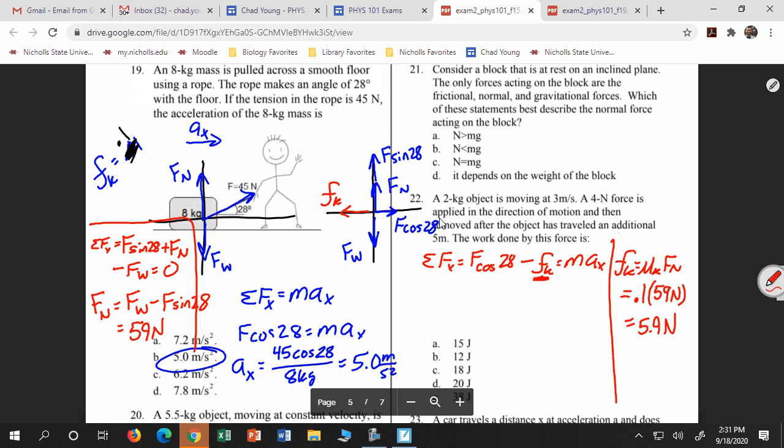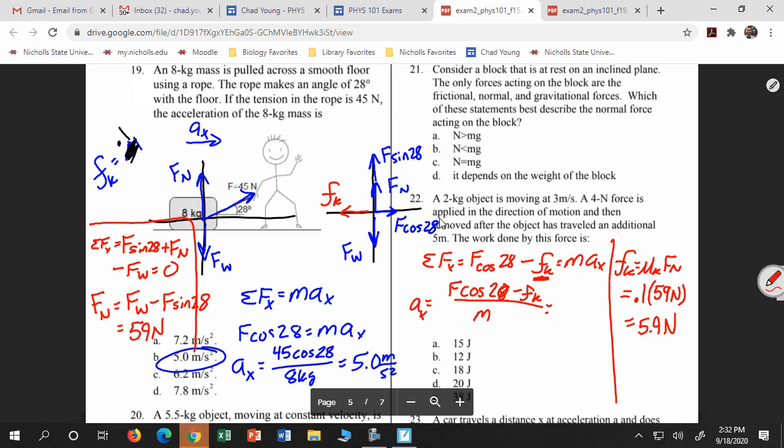As I'm looking for the acceleration, it's going to be F cosine 28 minus Fk divided by m. This is for ax. That cosine 28 or 20? Yeah, that should be an 8. Is that clear? All right.